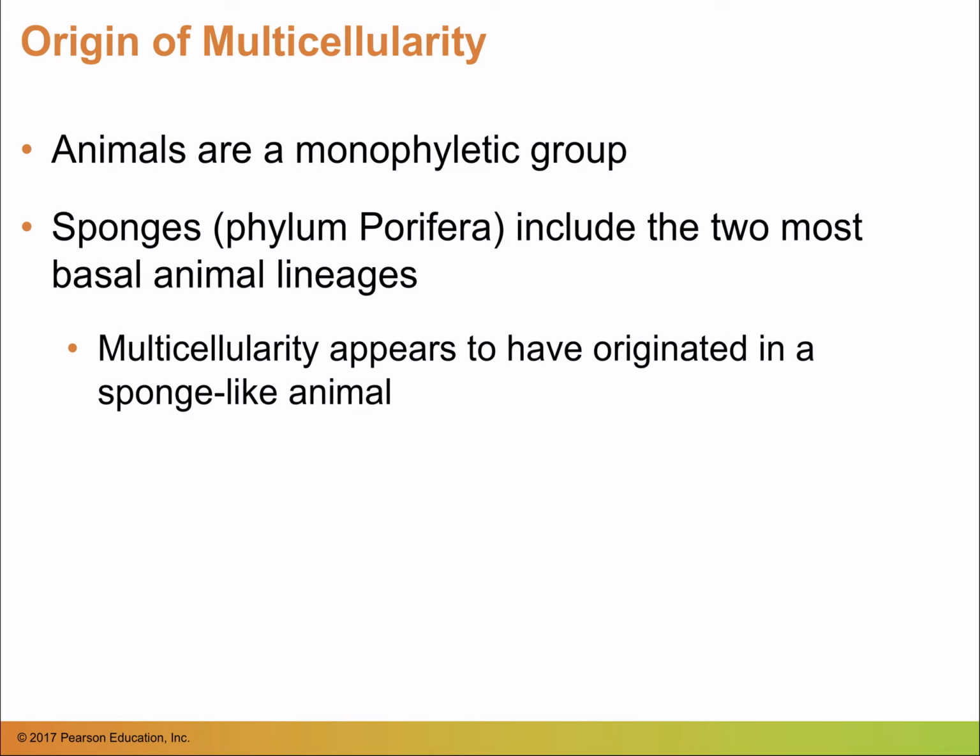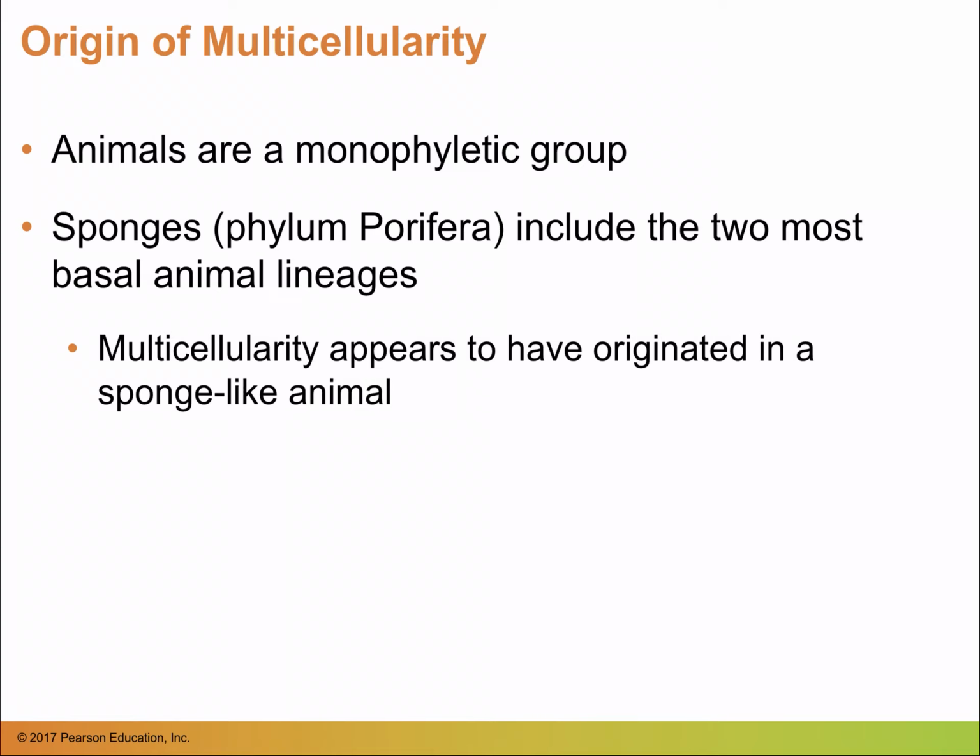So like I said, animals are a monophyletic group, meaning that they share just one common ancestor. And when we look back at the most basal animal lineages, or the oldest, it's going to be the sponges, which are the phylum Porifera. And these really early animals are believed to be the original multicellular organisms.